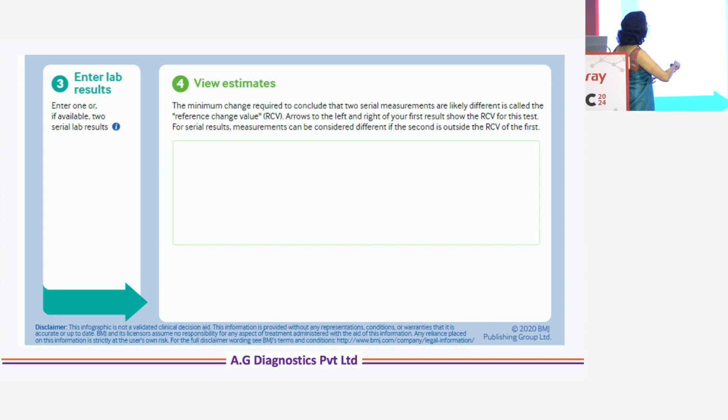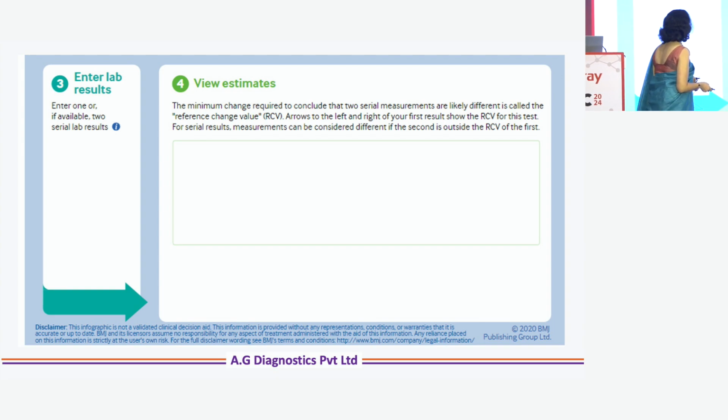It shows the minimum change required to conclude that two serial measurements are likely different, called the reference change value, and arrows to the left and right of your first result show the RCV for this test. So if you populate it, you will get the figures ready-made on the internet.